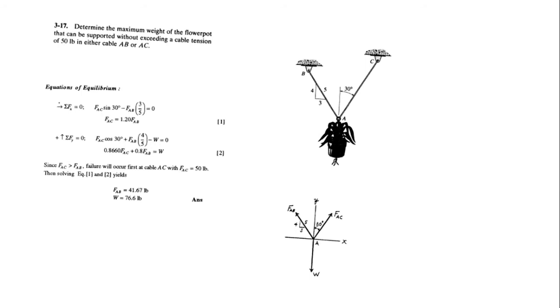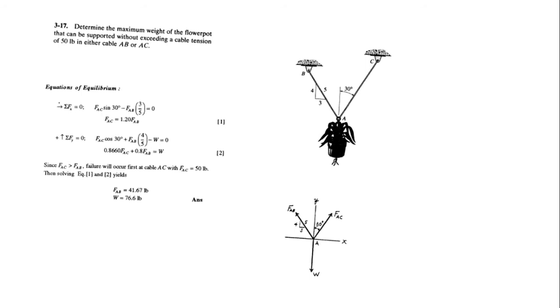Okay, so let's see. Apply sigma Fx equals to 0. When we apply sigma Fx equals 0, force AC sine 30 equals force AB times 3 by 5 with the opposite sign. The force AC comes out to be equal to 1.2 times force AB.